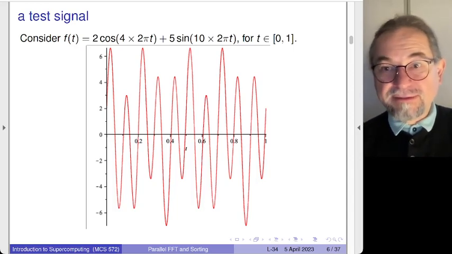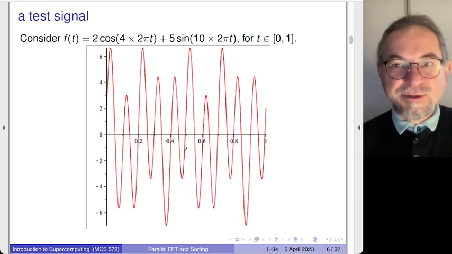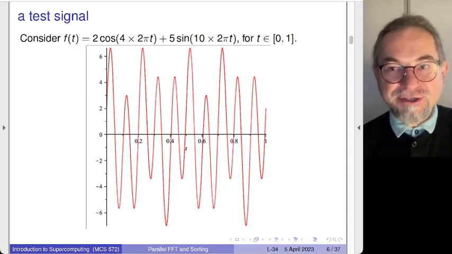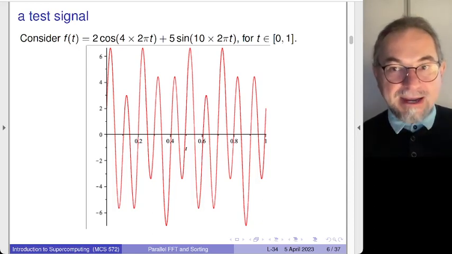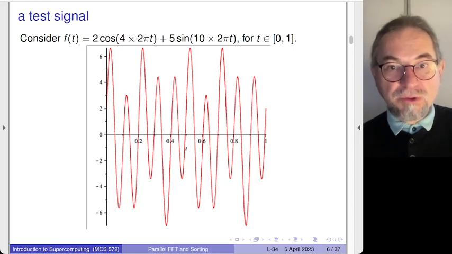So if we look at the definition of the function, we recognize this, but the magic of the fast Fourier transform in the translation from the time domain to the frequency domain is that it will enable us to capture the essential components from the signal, simply from the numerical data. So if you look at the plot in the time domain, it's actually not really obvious.